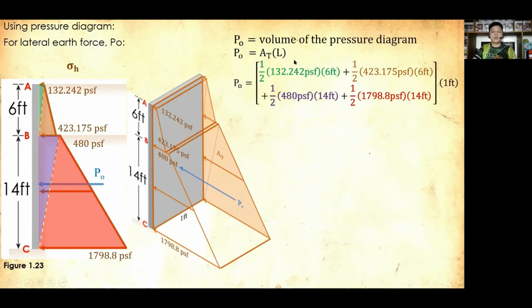Again, we need to compute individually the area which is needed for our location later on.